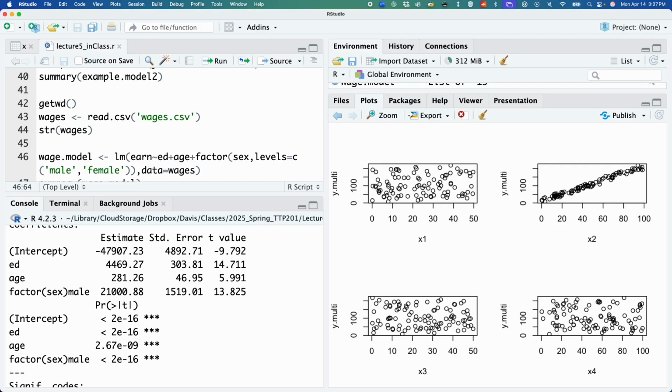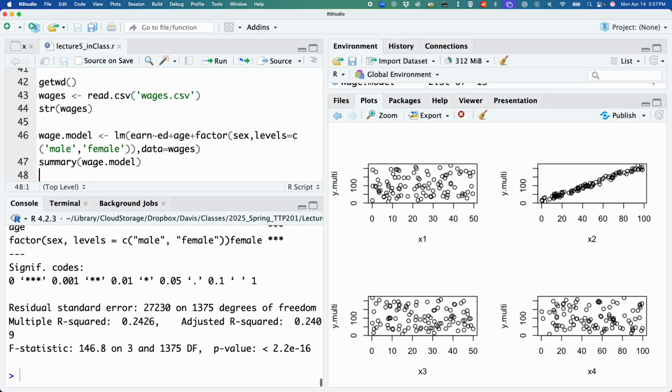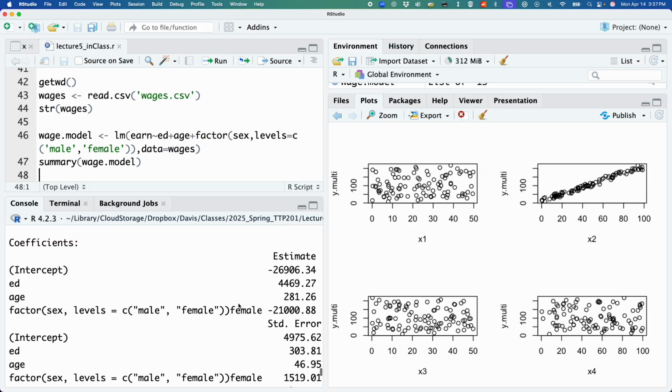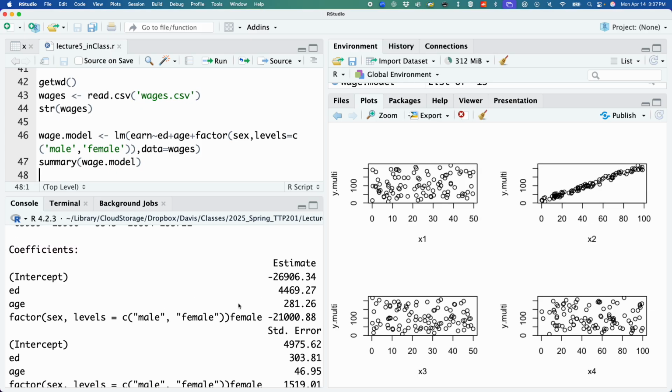So I've swapped the order manually, because by default it'll put female first. I do this, and we suddenly see exactly what we predicted. The intercept is now negative 26,000, and the female is negative 21,000. Okay?